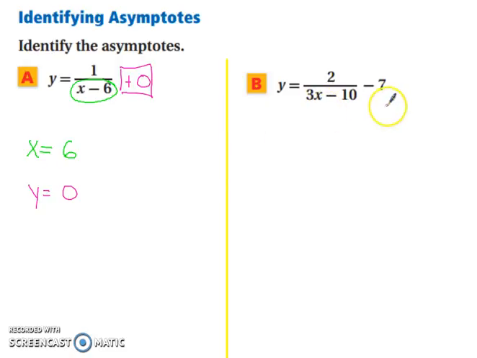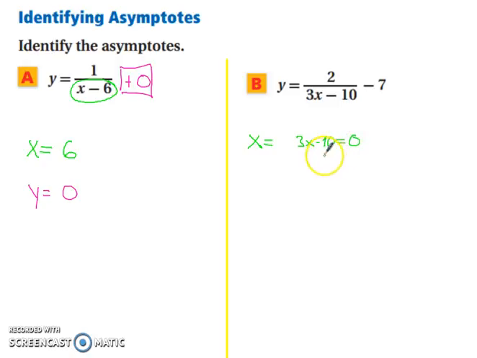Let's step it up a notch and see if we can do B. So that's our vertical, but we want to make this 3x minus 10. We want to equate that to 0, so that way it's undefined. So 3x minus 10 has to equal 0.